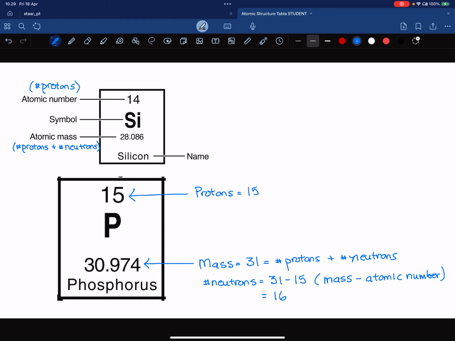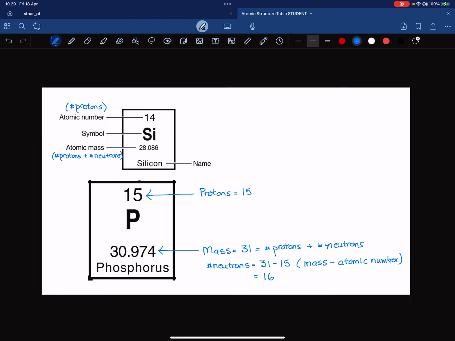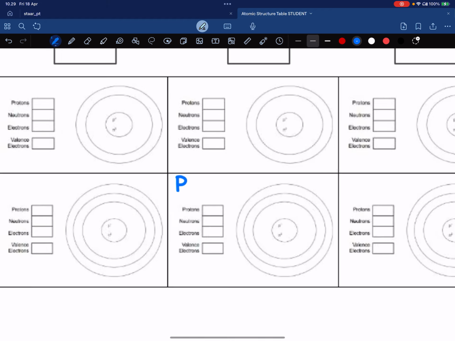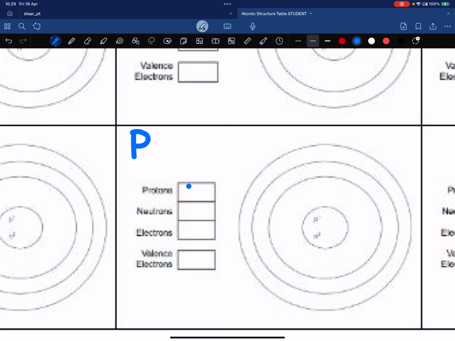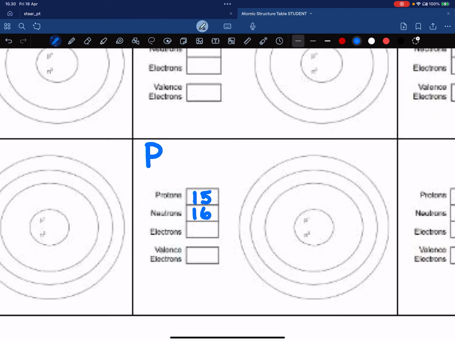So the number of neutrons is 16. So we're going to go ahead and fill those in on our table. Number of protons is 15. Number of neutrons is 16.